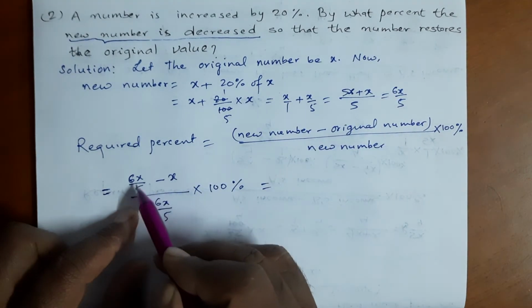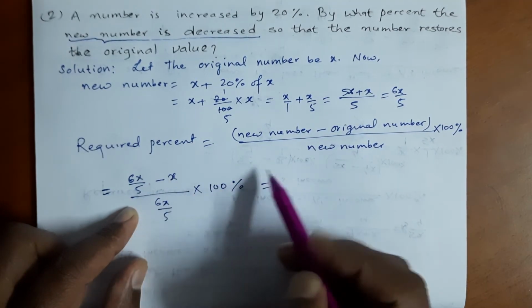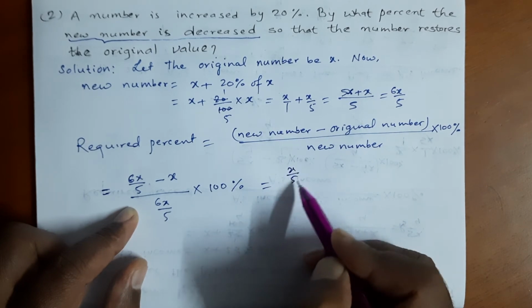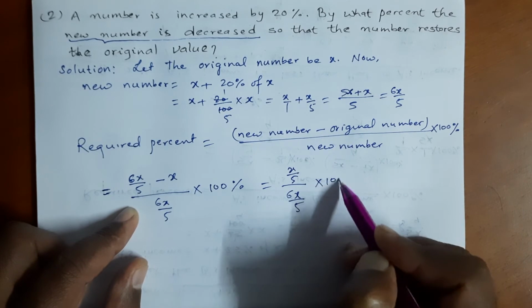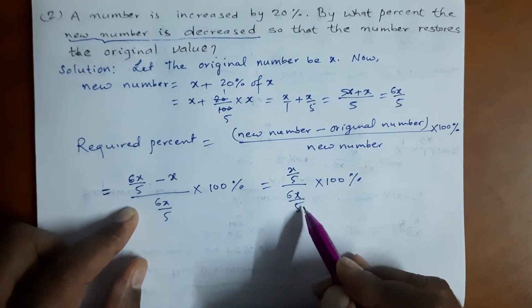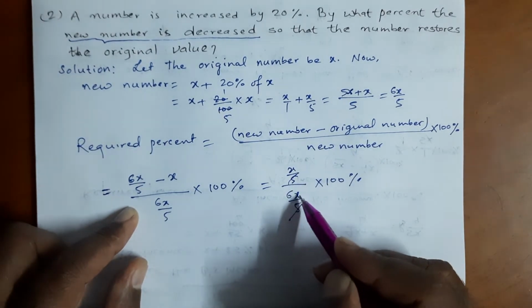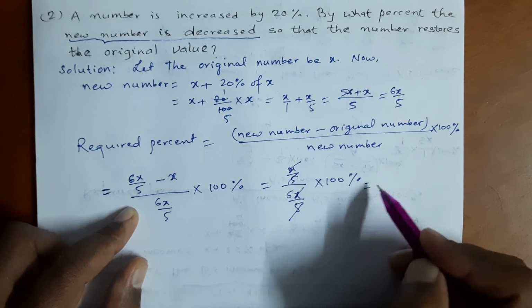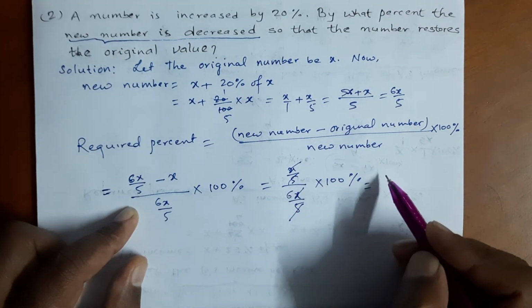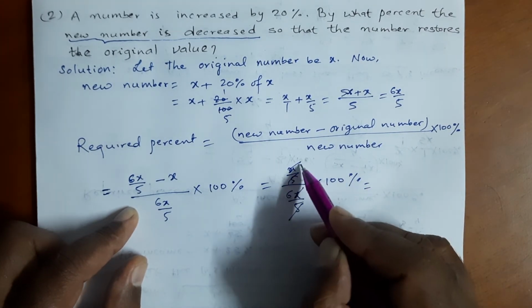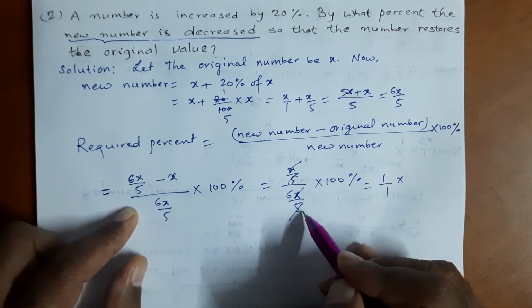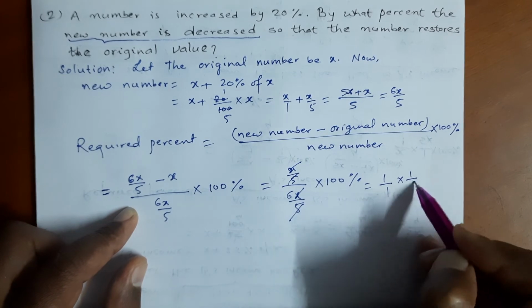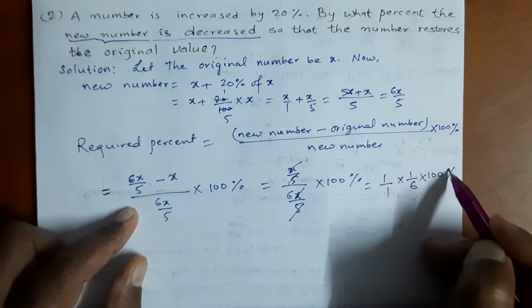So 6x minus 5 times x, 5x equals to x over 5 over here 6x over 5 times 100%, and now 5 can be cancelled, x and x can be cancelled. So in numerator and denominator, if you cancel, there nothing means 1 left, so here is also 1, here is also 1, 1 over 1 times here is also nothing means 1, and this is 6, and here 100%.